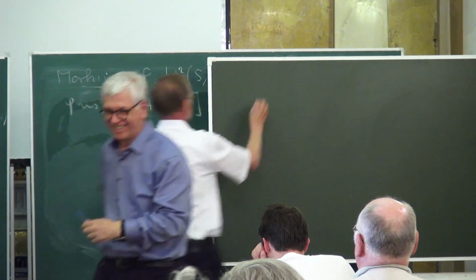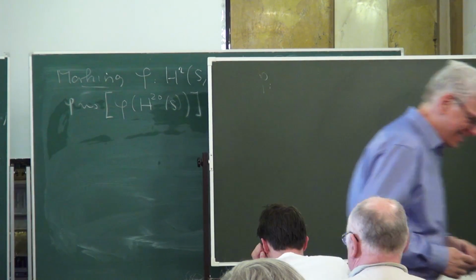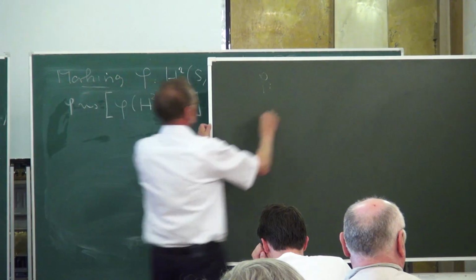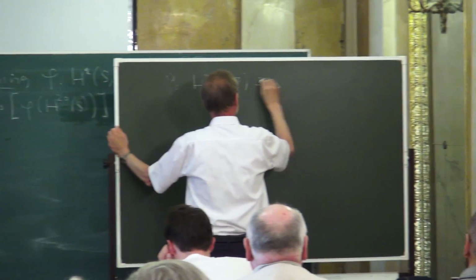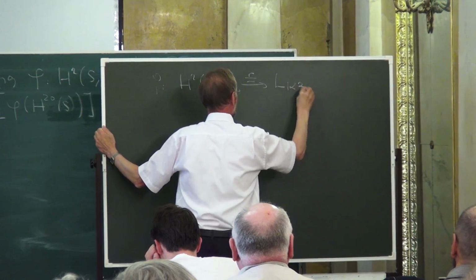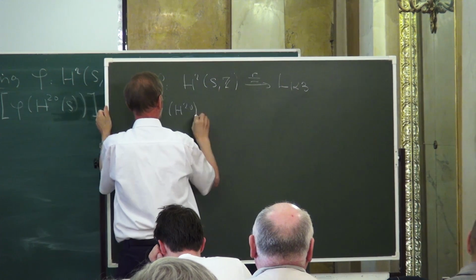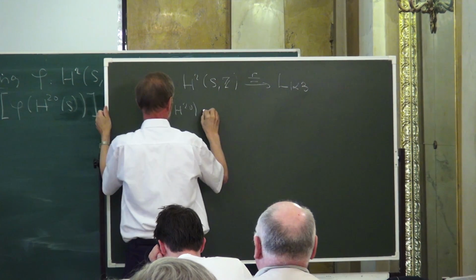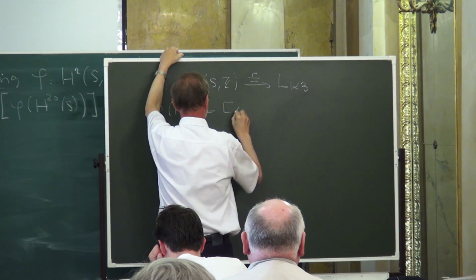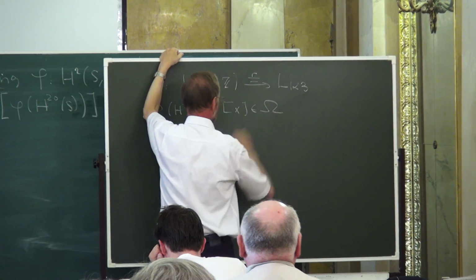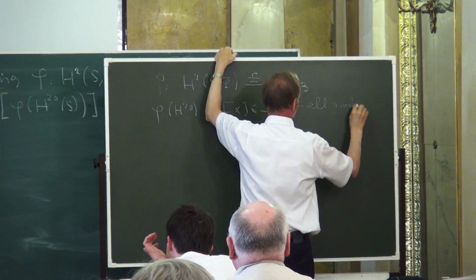Okay. So a marking is an isomorphism of H2(S, Z) to L_K3, and that maps H^{2,0} to a point x in omega, and here all points appear.